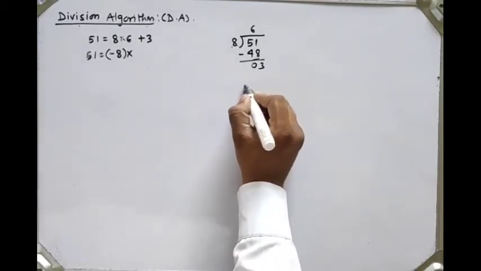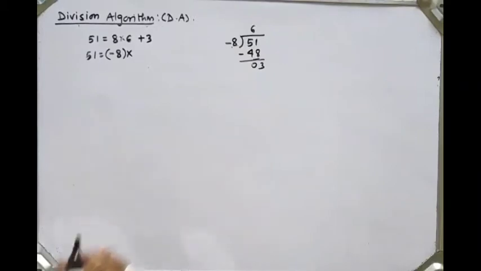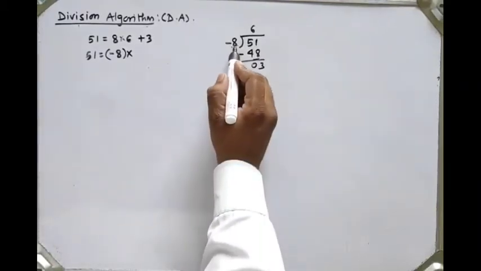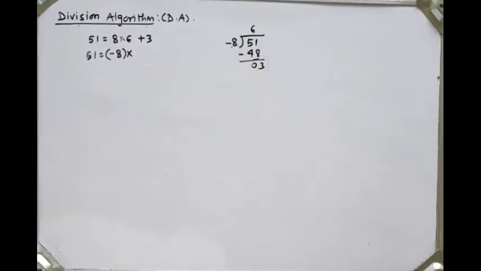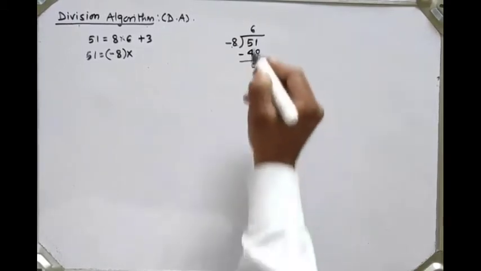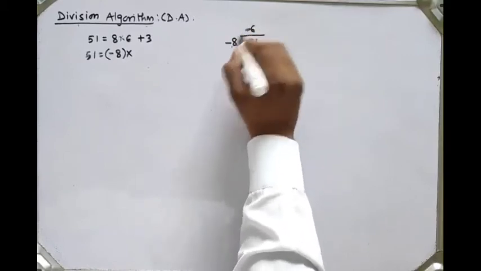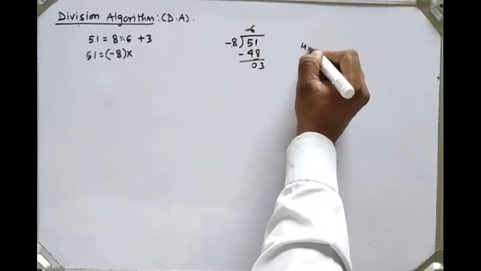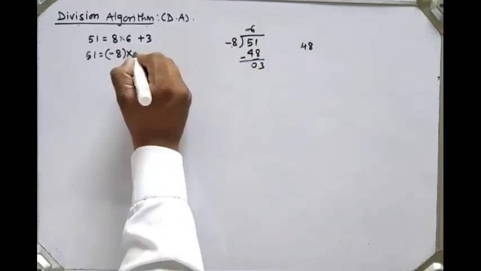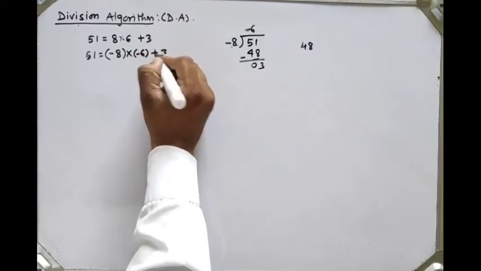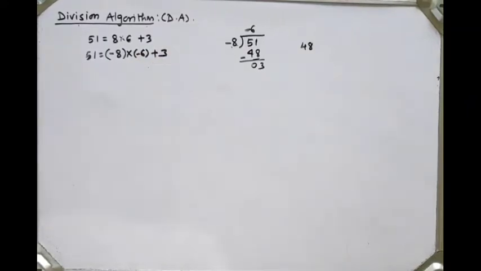Minus 8 into the number whose multiplication should be less than 51: minus 8 into minus 6 is plus 48. Taking the subtraction of these two, I get 3. So 51 is equal to minus 8 into minus 6 plus 3. Again, dividend is equal to quotient into divisor plus remainder.